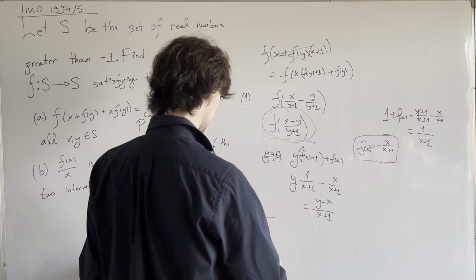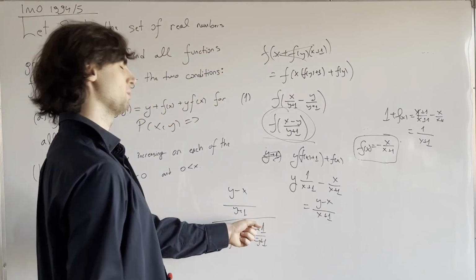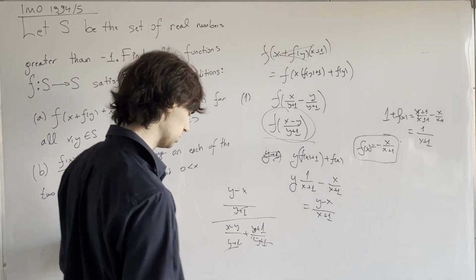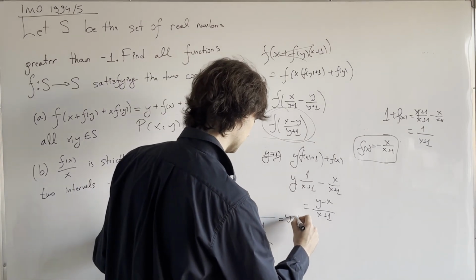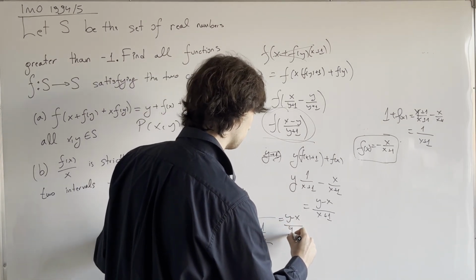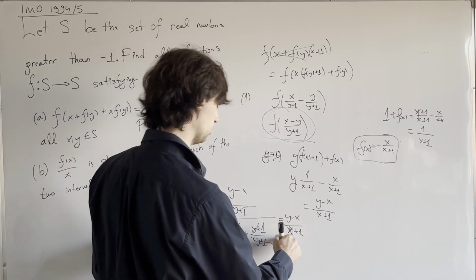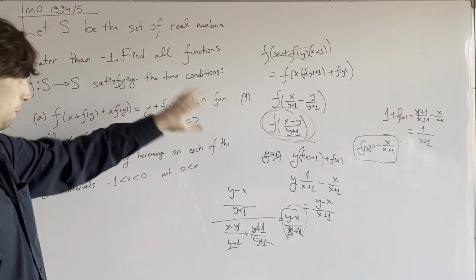And then the plus 1 is really y plus 1 over y plus 1. And now I can cancel out the y plus 1s, and this cancels out the y's, and I get this is equal to y minus x over x plus 1 over x plus 1 because the y's cancel out. Okay, so the f condition is true.